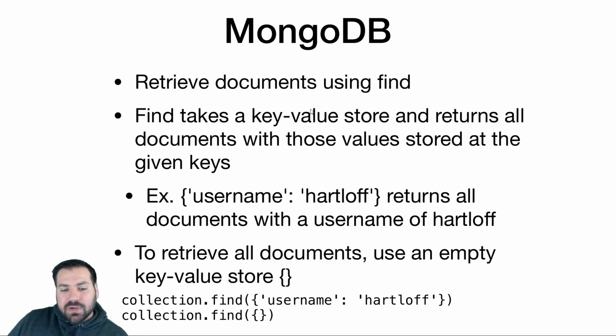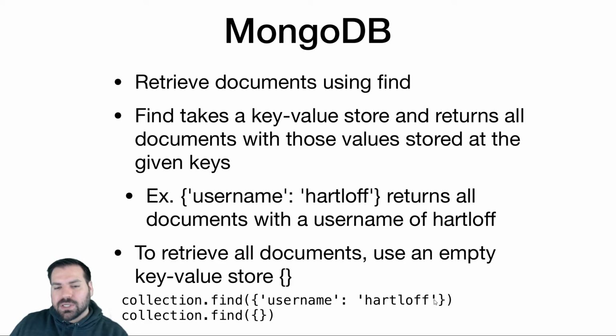When we want to retrieve data, we're going to use the find method. Find is going to take a document, which is going to check for matches based on what you give it. Here, I'm looking for all documents that have a username of Hartloff.